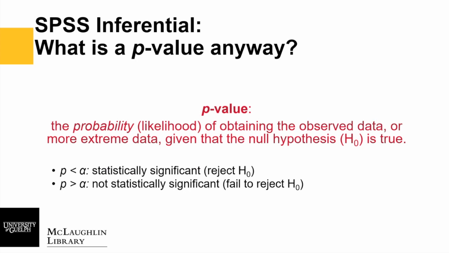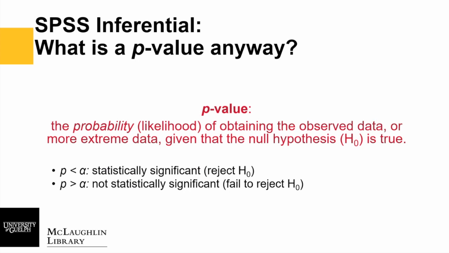Fancy words, fancy terms. Generally, we're looking at whether p is greater than or less than 0.05. We'll cover this in all of our future workshops as well, because that's the threshold we'll be using, 0.05. It's the standard null hypothesis significance test threshold for p-values.